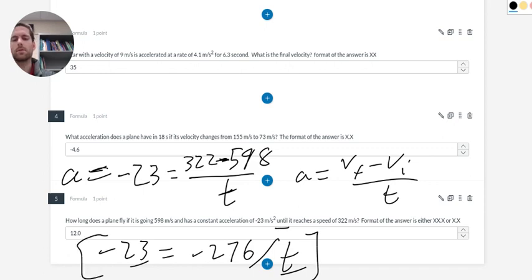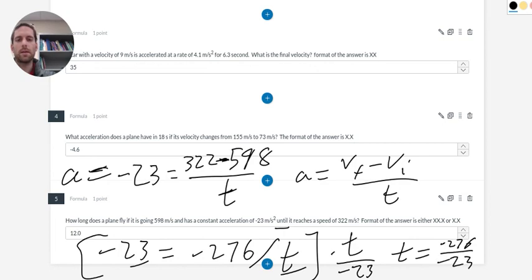So t over negative 23. And I will get t equals negative 276 over negative 23.